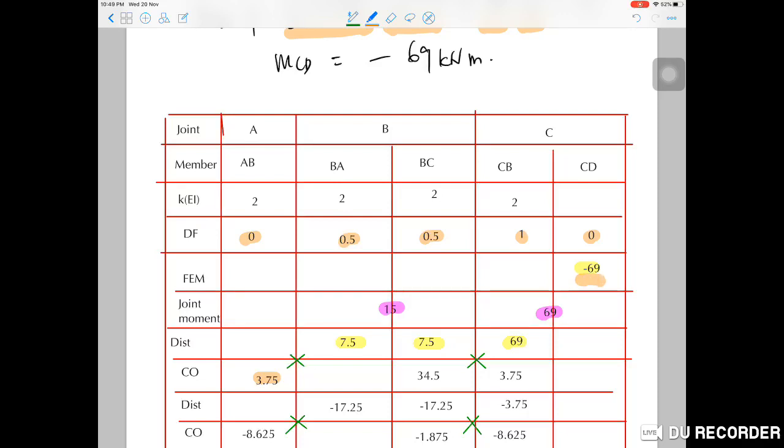Since there is a joint moment, I put another row for joint moment. The joint moment is 15, and the joint moment for C is 69, opposite to negative 69. Remember, when we find the joint moment, we multiply joint moment by the distribution factor without changing any sign. So for distribution, it is 15 times 0.5, which is 7.5 and 7.5, and 69 times 1 is equal to 69.